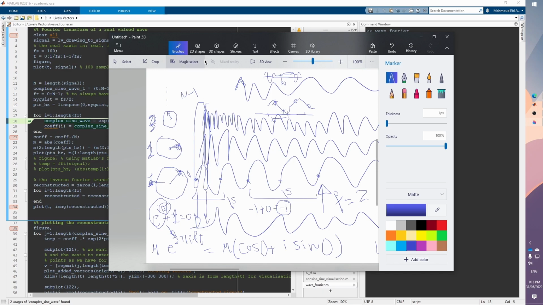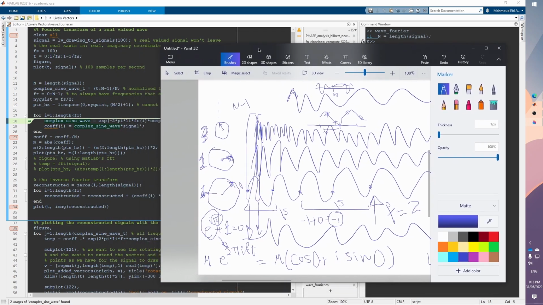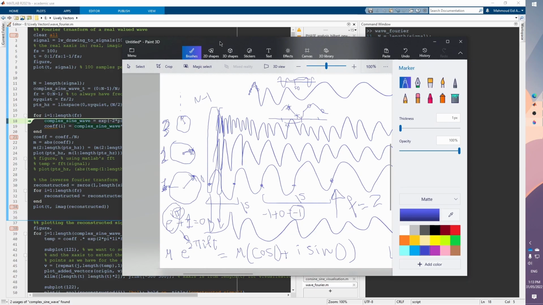Okay, so why are we mentioning this? We are mentioning this because now we are trying to estimate our signal using a complex sine wave, and that's the formulation of a complex sine wave. It has a cosine and i sine, so it's almost like that.